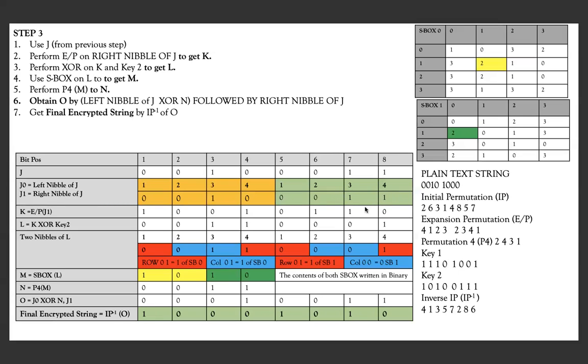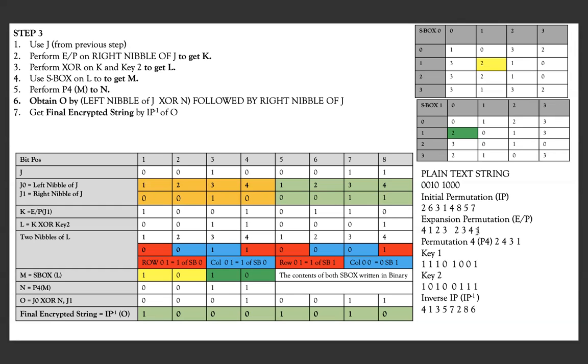Then we got 4, this is 1. And then finally we got bit number 1, which is 0. So we're arranging only the right nibble. The first 4 bits are using the sequence 4, 1, 2, 3. Bit number 4, then 1, then 2, then 3. Now the remaining 4 bits are following the sequence bit number 2, then 3, then 4, then 1. All on the right nibble. It's the exact same thing as before. So basically what expansion permutation does is that it takes one nibble and creates a whole byte out of it.